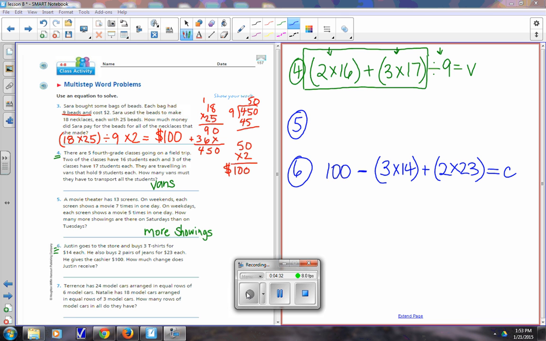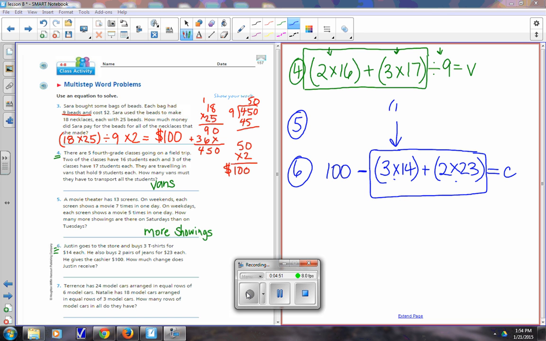Right? So what's 3 times? Oh, I'm not going to do it for you. You're going to do it. So I need you to do this 3-step. This is how much for the t-shirts. This is how much for the jeans. You're going to subtract that total. This is actually 4 steps, guys.